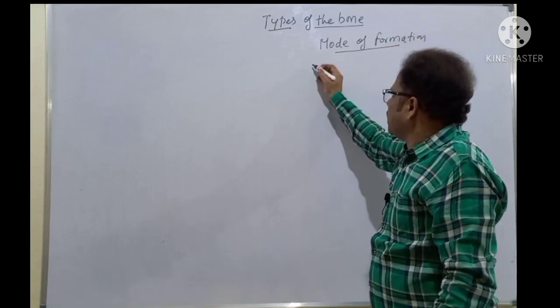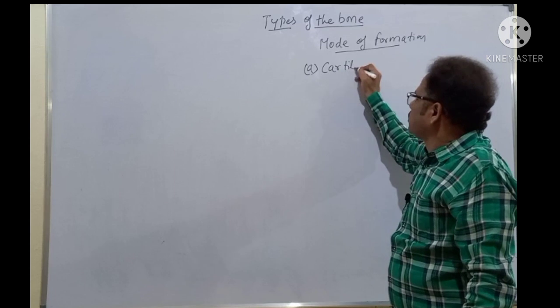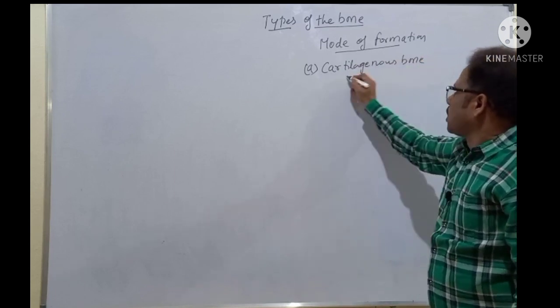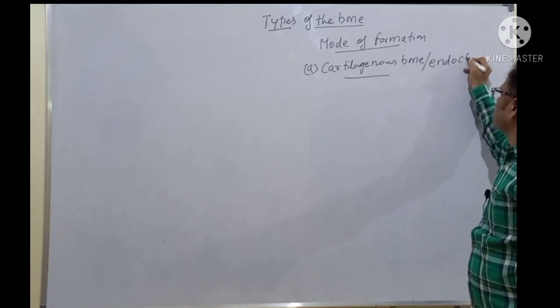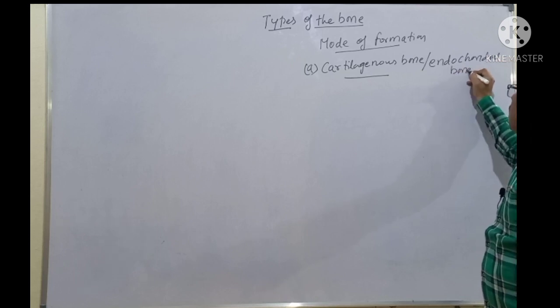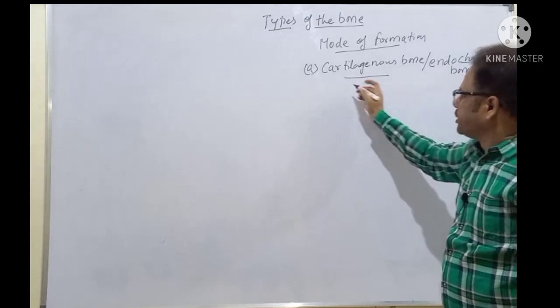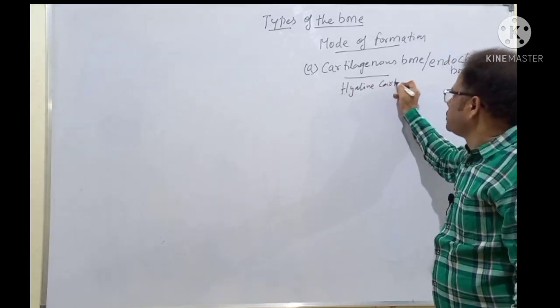Basing on this, the first type is called cartilaginous bones. The cartilaginous bones are also called endochondral bones. See here, chondro means cartilage. Which type of cartilage here? Hyaline cartilage.